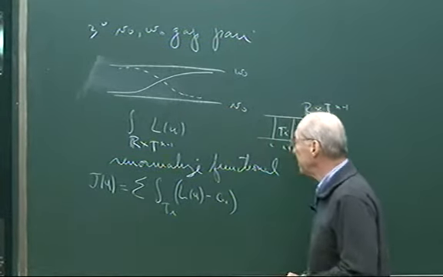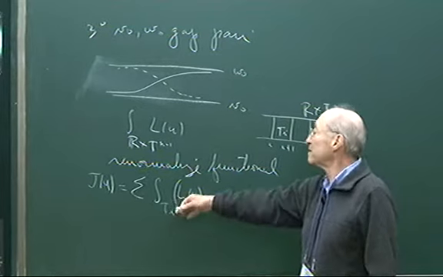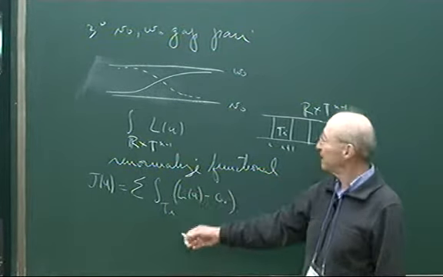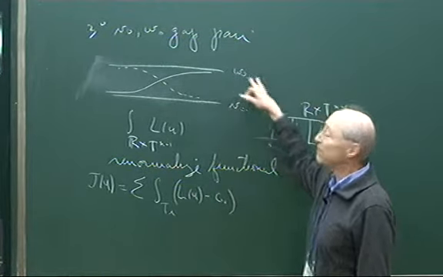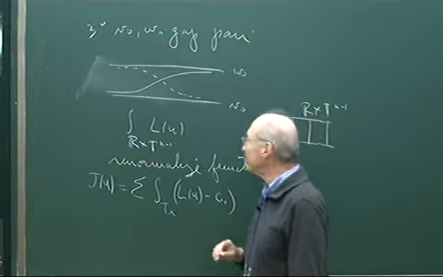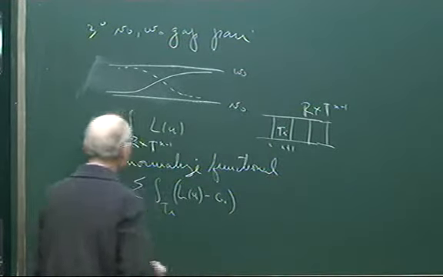And it turns out this functional has some nice properties. It's going to be bounded from below on the class of functions that looks like that, and it's going to have some nice compactness properties.